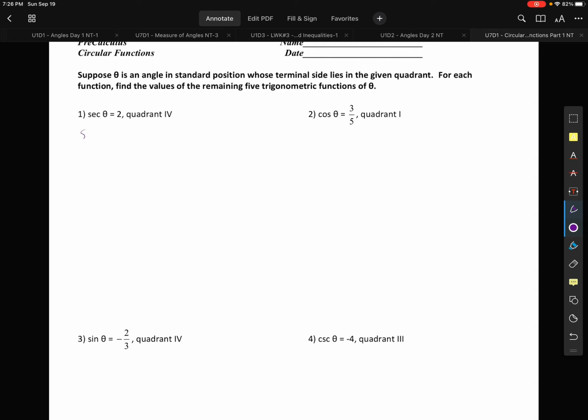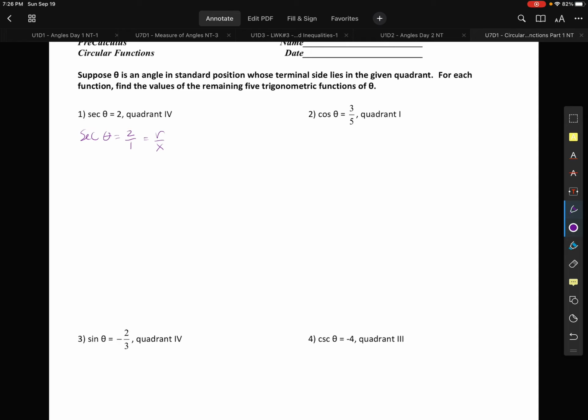So if I look at this setup now, secant theta equals 2 over 1. Well, what does secant equal? R over x. So we're given r, we're given x. We're given two pieces of information, just like the previous set of problems. In the previous set of problems, we were given x and y every time. Here we're given two of the pieces, right?